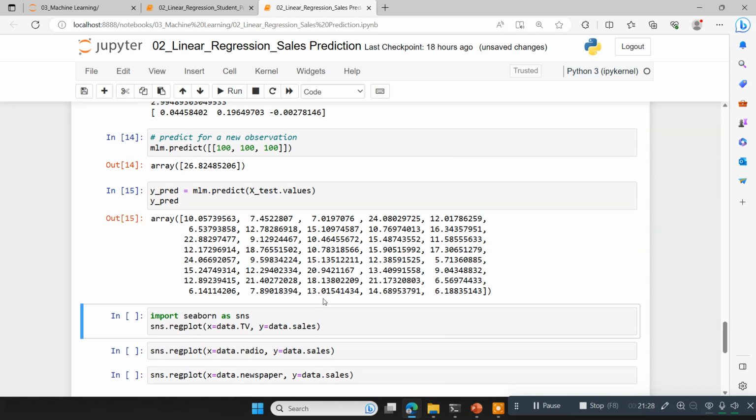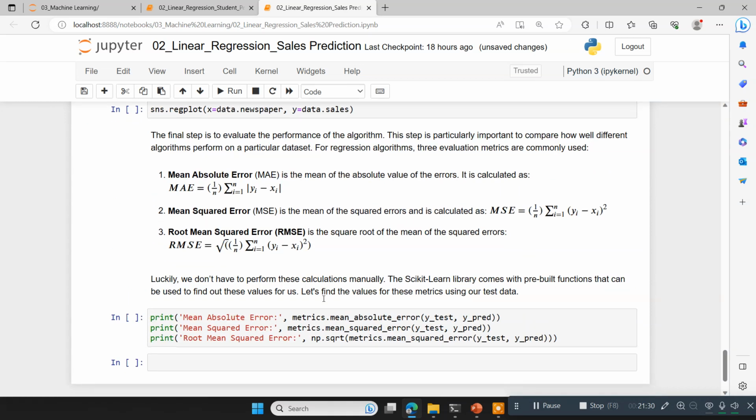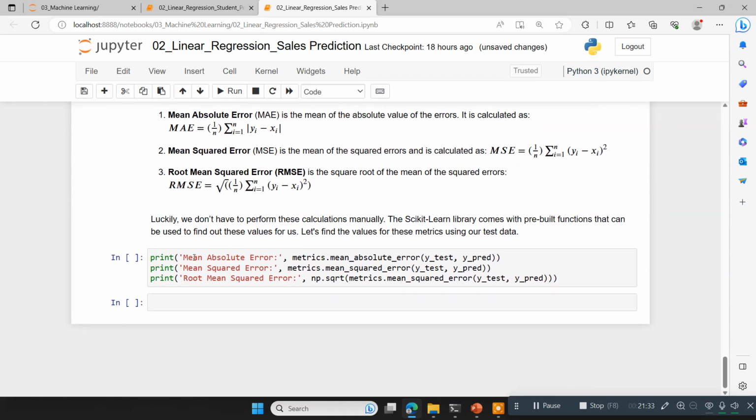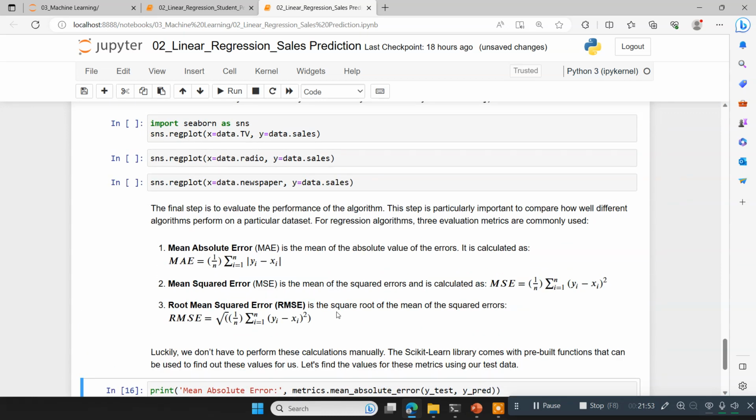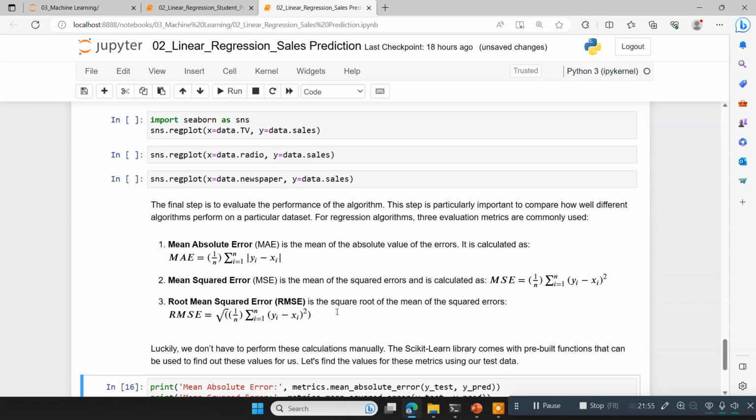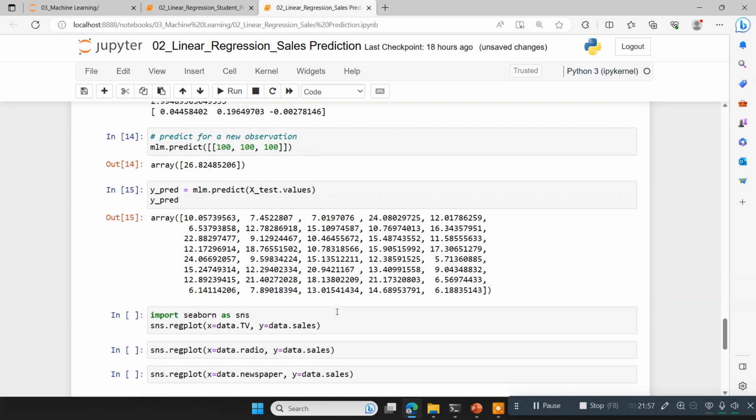And we can also evaluate the model. If you evaluate the model, like what is the mean absolute error, what is the mean square error, and what is the root mean square error, you will be getting the values. So the root mean square value is decreased here, 2.09. So this model is better. This model is better in terms of error, 2.09, but the sales value is not that accurate, right?